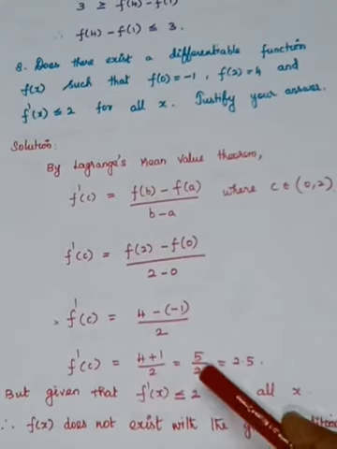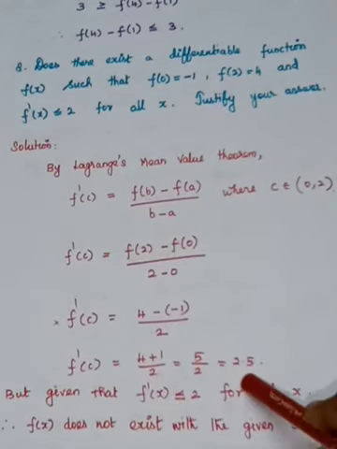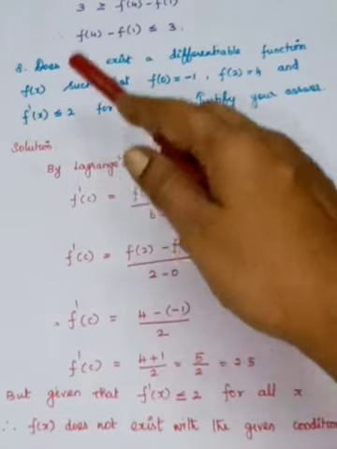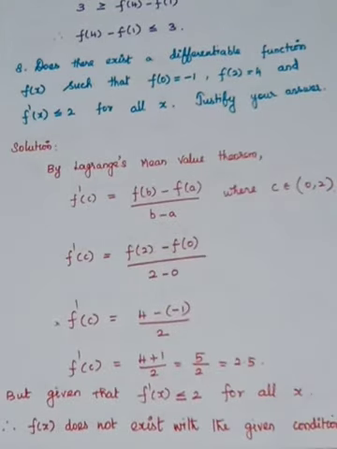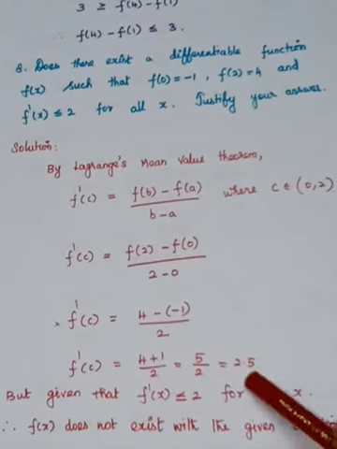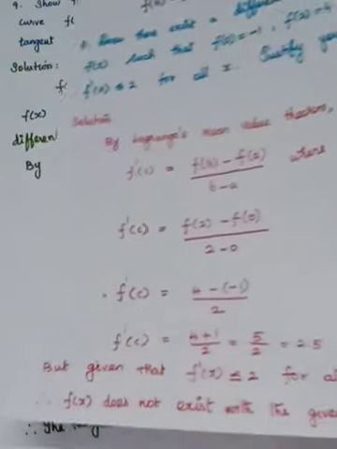So when you use the mean value theorem, f dash of c is equal to 2.5. But what is given? f dash of x is less than or equal to 2 for all x. Maximum value is 2, but here we have found it is 2.5. So therefore, with the given condition, f of x does not exist.